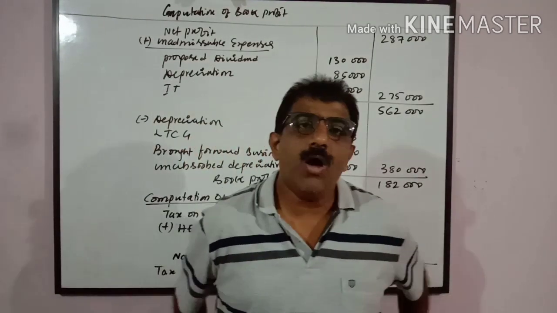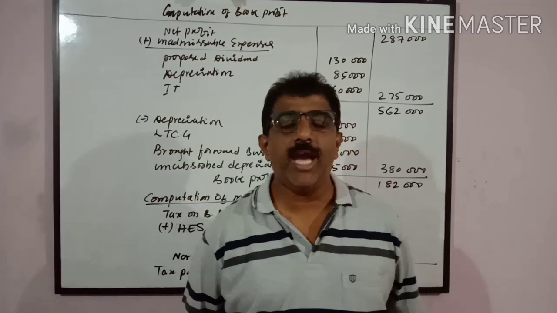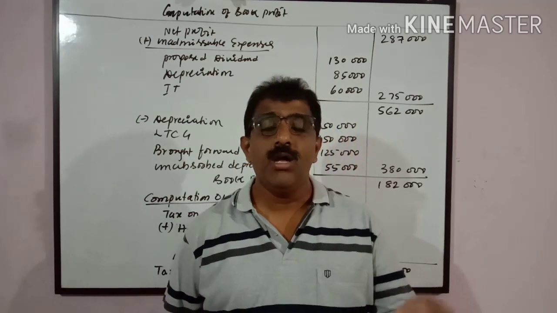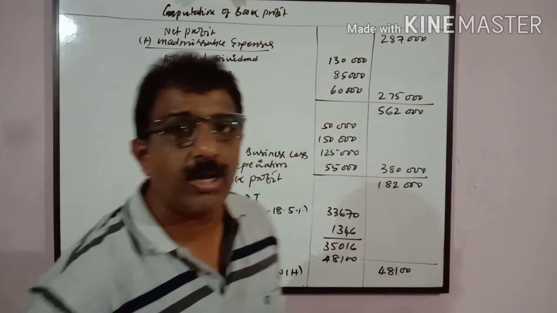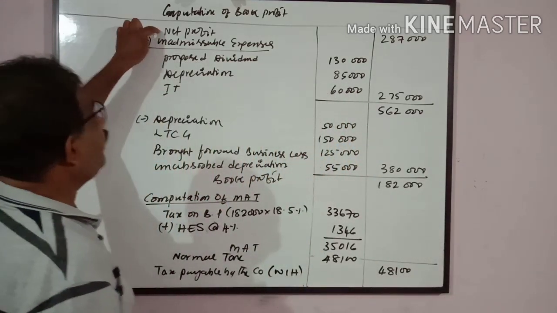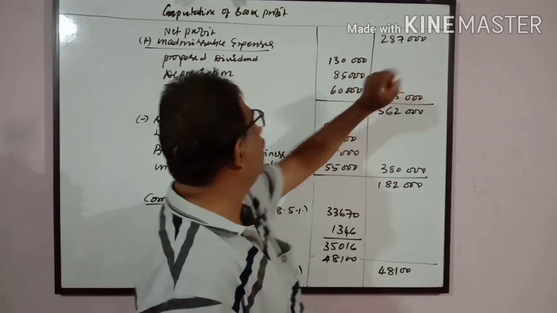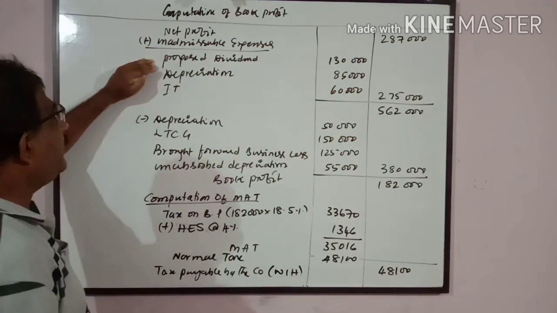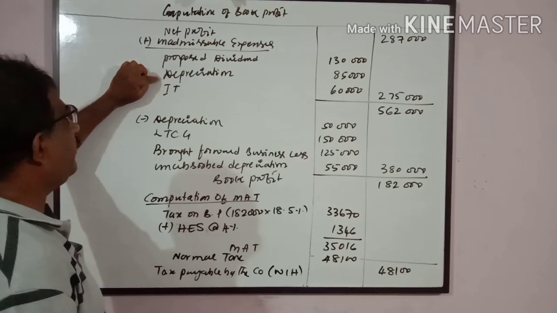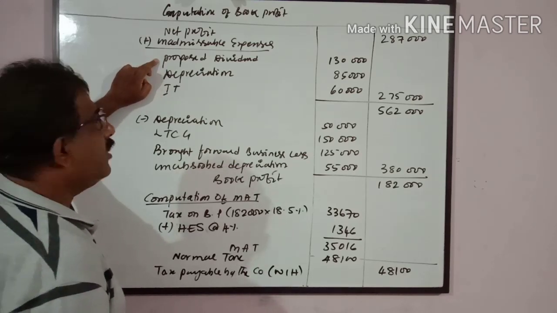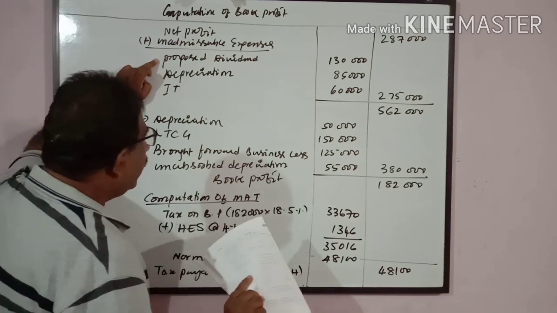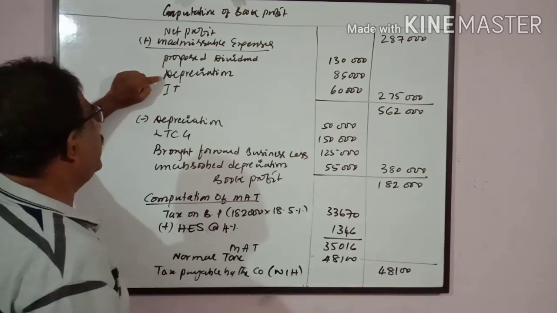Under minimum alternate tax, we have to calculate the book profit. On the book profit, we have to compute the tax. How to compute, I'll tell you here. First, I have taken the net profit 2,87,000. Inadmissible expenses: proposed dividend, depreciation, income tax. Proposed dividend is not an expenditure, it is a provision.